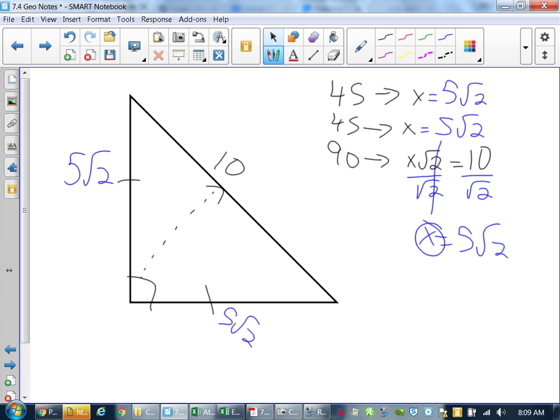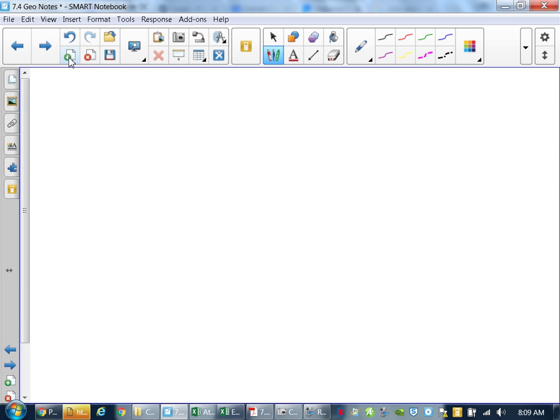That's the pattern that shows up: anytime you have a 45-45-90 triangle, if this is 12, you take 12 divided by the square root of 2, which basically means cut it in half and slap a root 2 next to it.